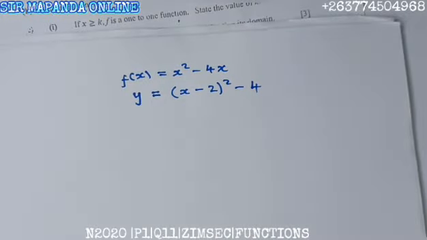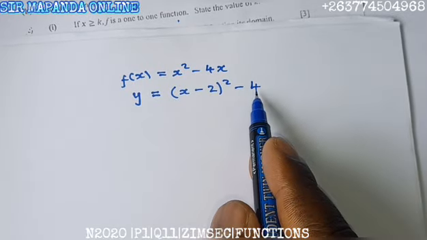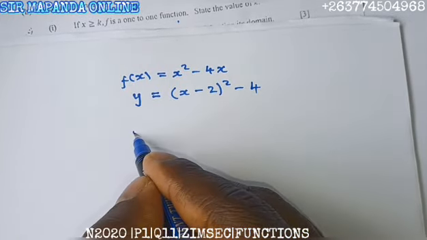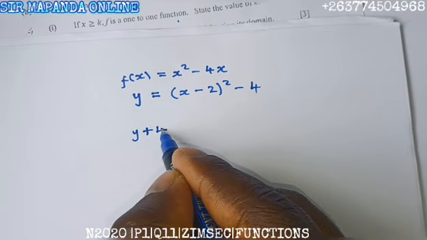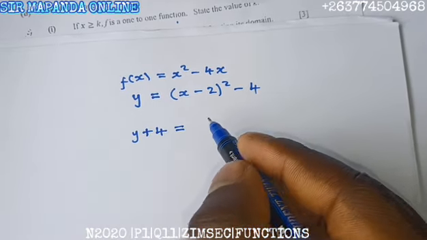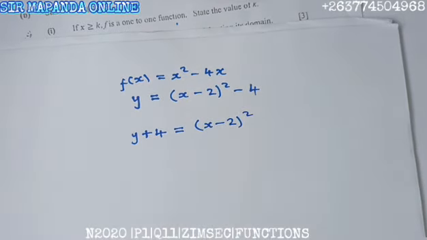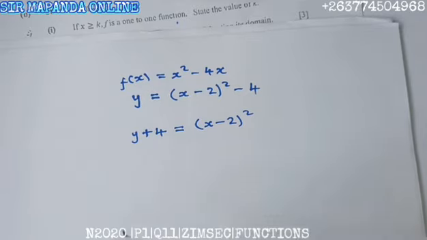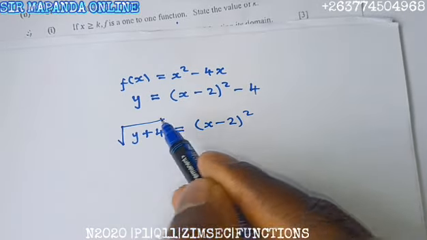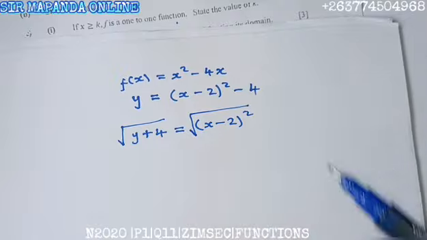So how do you find the inverse? You make x the subject of the formula first. So you move minus 4 to the left. You get y plus 4 is equal to x minus 2 squared, something like this. Then using extraction of roots, to get rid of the power 2, you need to put square root both sides.